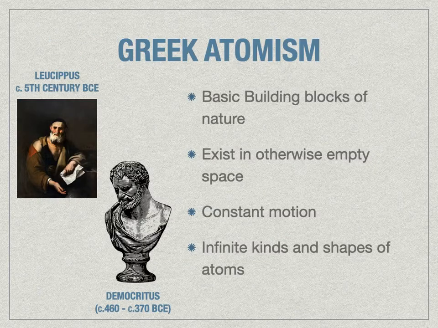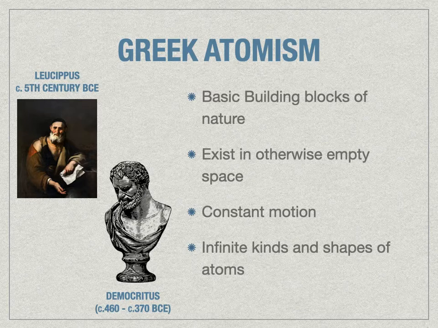When we go into the history of Greek philosophy, there are two philosophers, Leucippus and Democritus, who are often credited with the first well-known written account of atomic theory. And this was not an experimental program on their part.